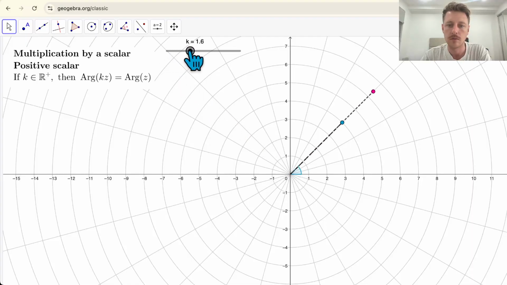So we can scale that up, but you'll notice the principal argument of z is equal to the principal argument of k multiplied by z. So the angle doesn't change when you multiply your complex number in polar form by a positive scalar.